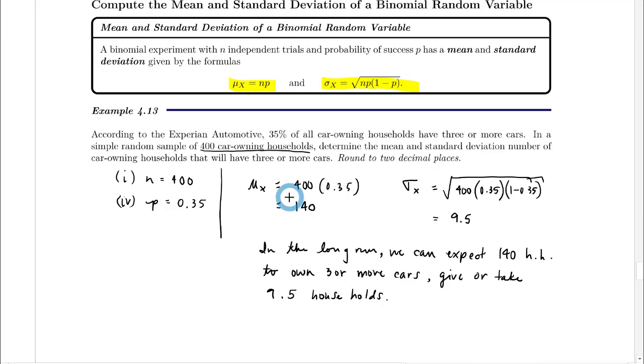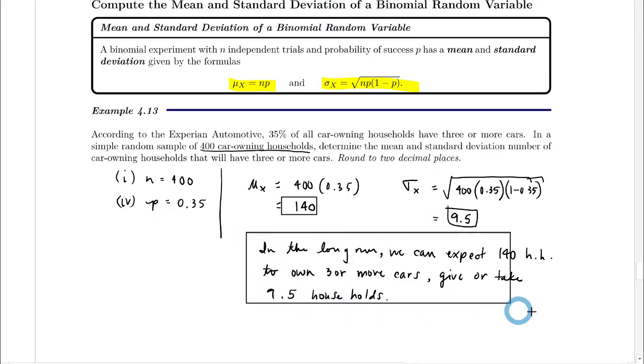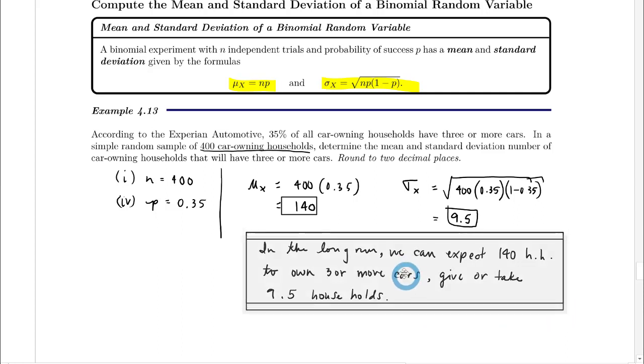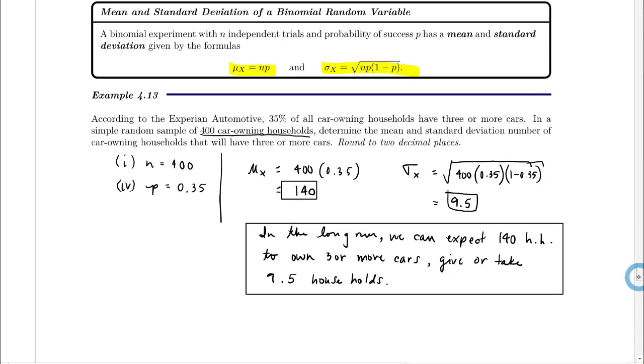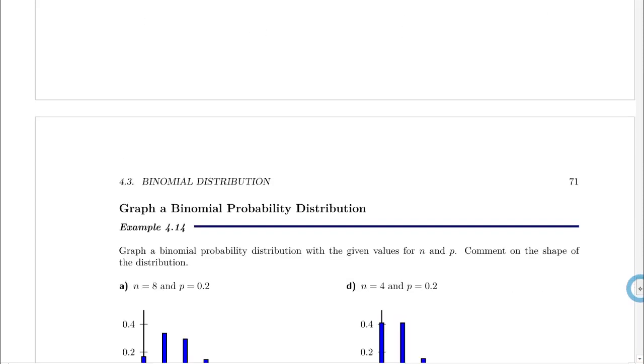So we do have numerical values that we can use, but interpreting this in the context of the problem, we still look at it as a long run effect. Okay, so super simple, right?